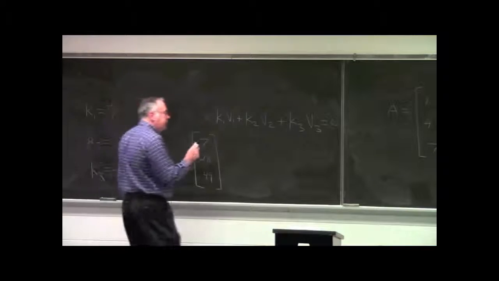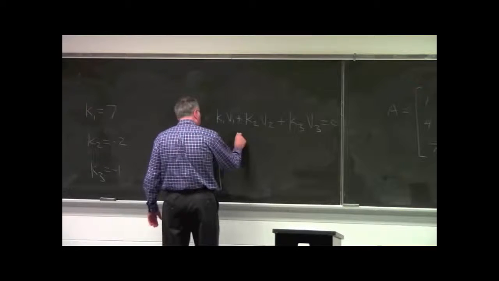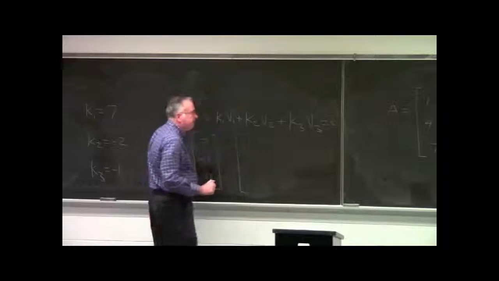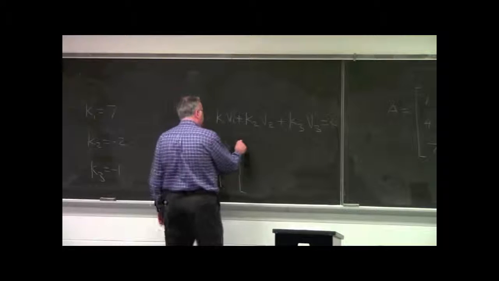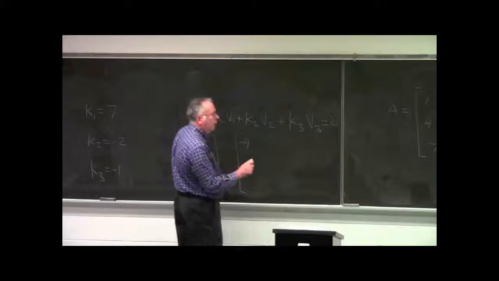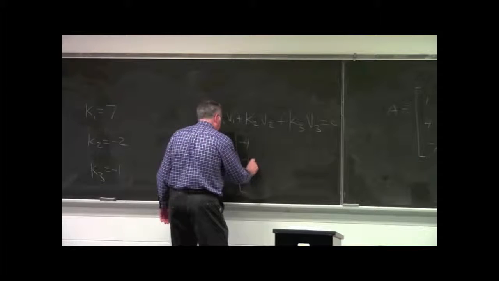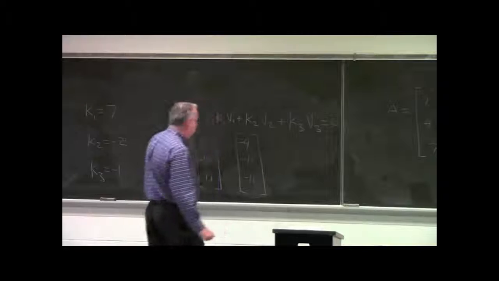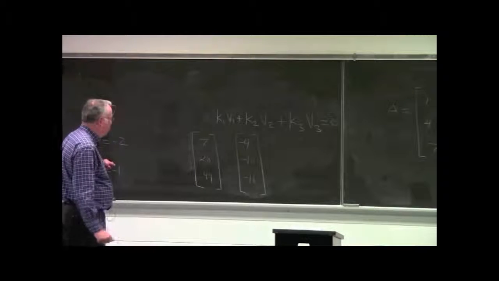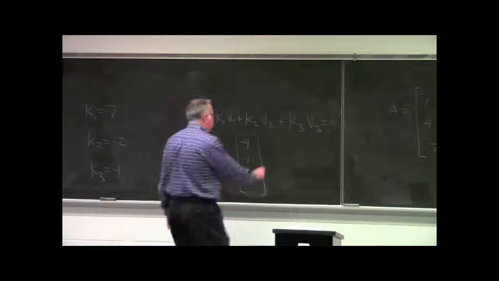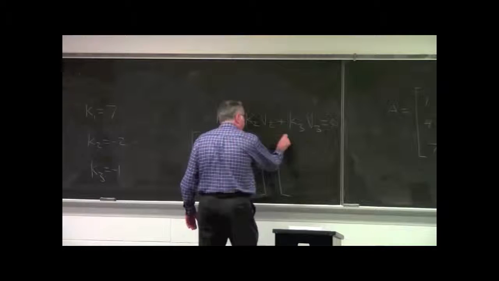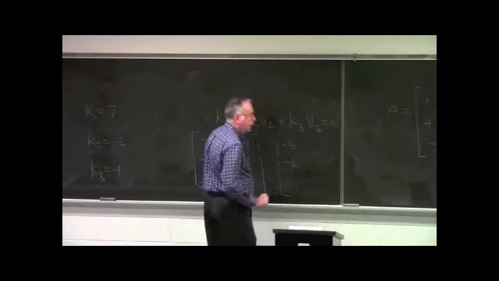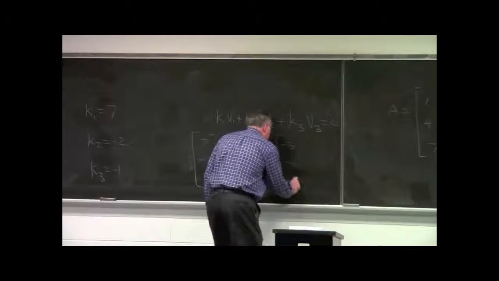K2 equal to minus 2 times V2 would be minus 4, minus 10, minus 16. And then minus 1 for K3 would just put a minus in front of V3. It would be minus 3, minus 6, minus 9.